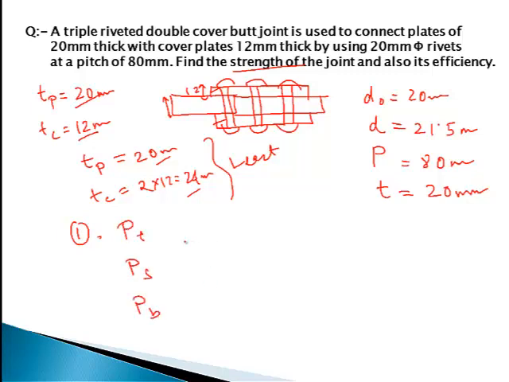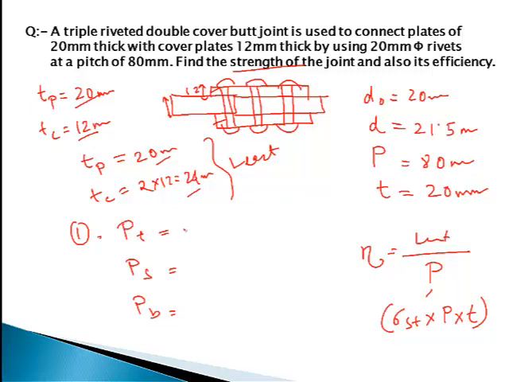Then you have to find out efficiency, which is the least of PT, PS, PB divided by P. P is given as sigma ST into P into T. Everything is given, and assume sigma ST as in the previous one, 150, tau BF 100, and sigma PF for bearing is 300.